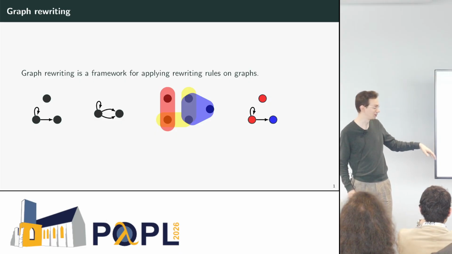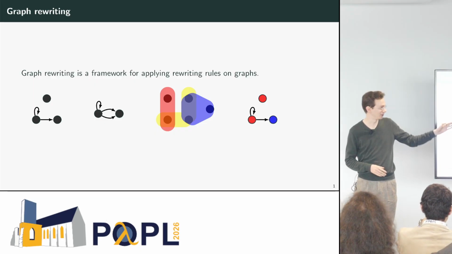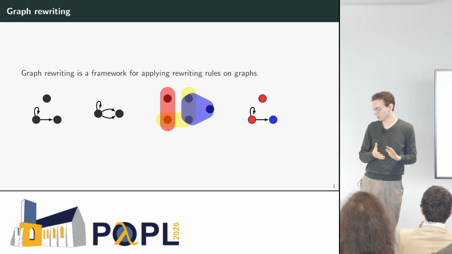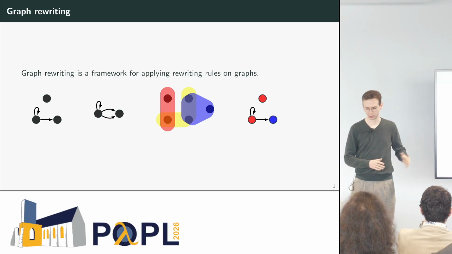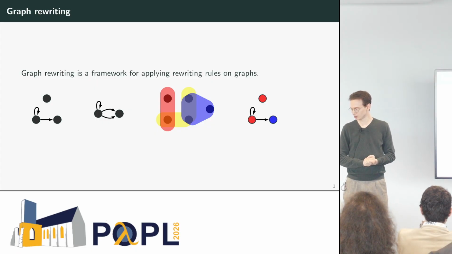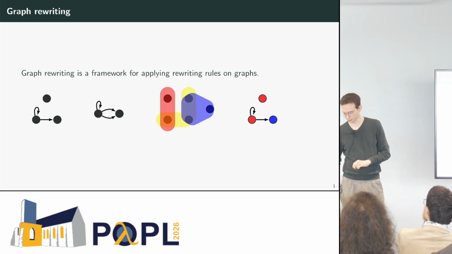You can have simple directed graphs, directed multigraphs, hypergraphs, or typed graphs. For example, you can add colors to vertices. In order to abstract over all these different kinds of graphs, we'll use category theory.